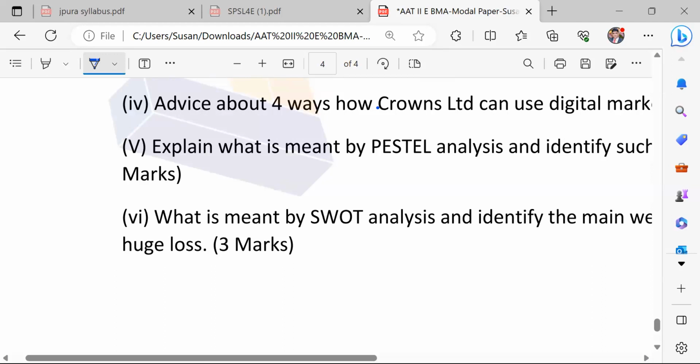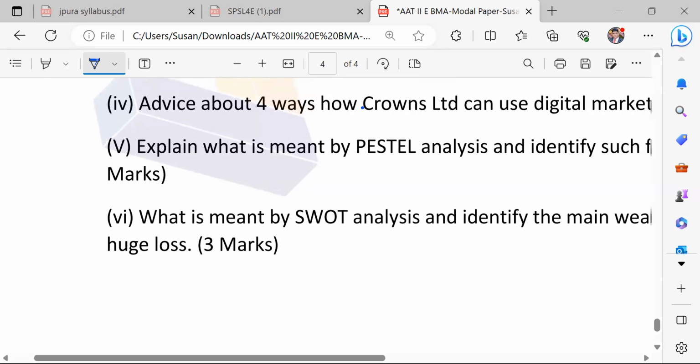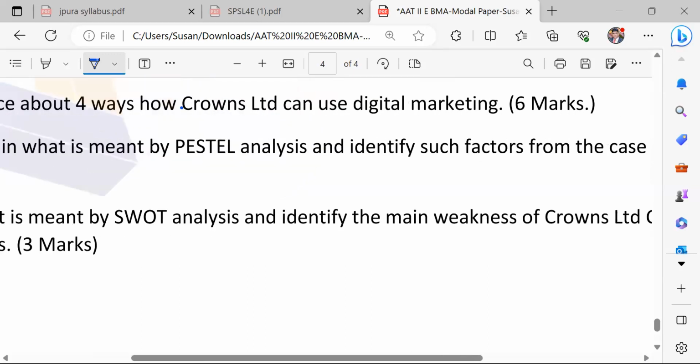Opportunities and threats from the external environment, strengths and weaknesses from the internal environment, right? Then SWOT analysis, we can identify bad factors and strong factors. That means weaknesses for bad, strengths for good factors. Opportunities are external positive factors, and threats are external negative factors.